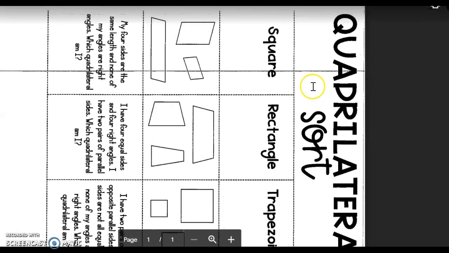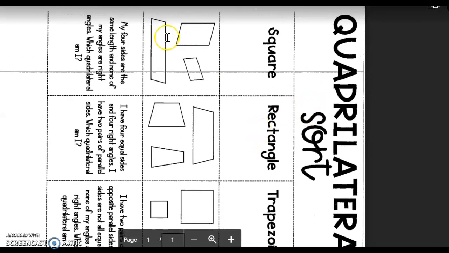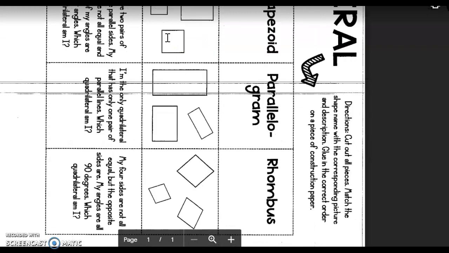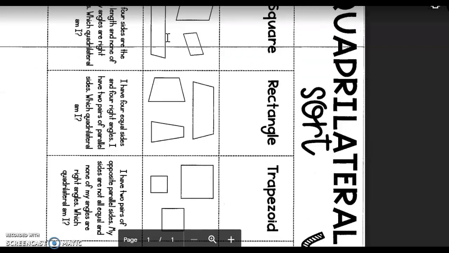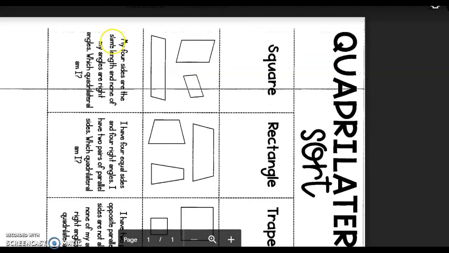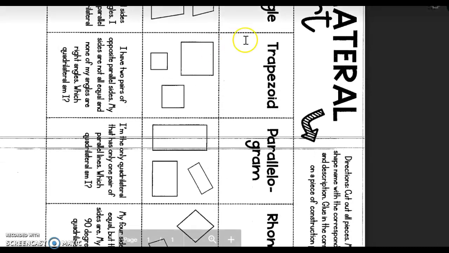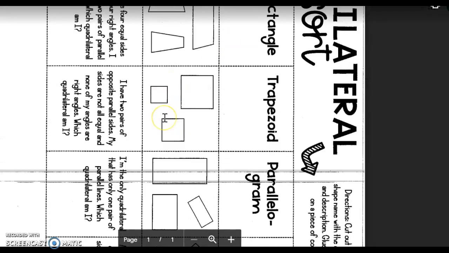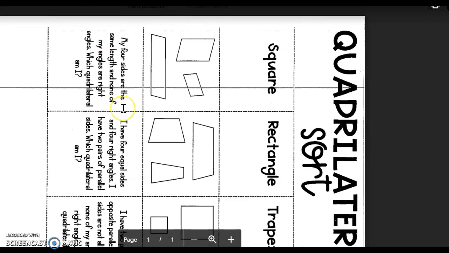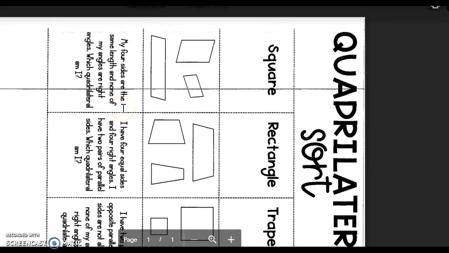So for example, for rectangle, I'm going to find which of these shows me pictures of all rectangles, and then in the description, what gives me attributes of my rectangle. Remember king square, so be careful when you're doing square. You can glue this on construction paper, printer paper, notebook paper, however you want to do it. All right, so quadrilateral sort, that is Wednesday's activity.